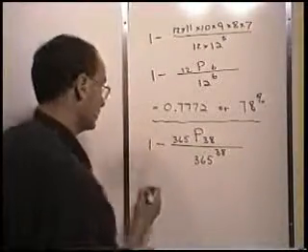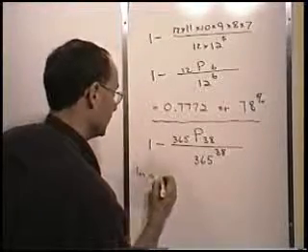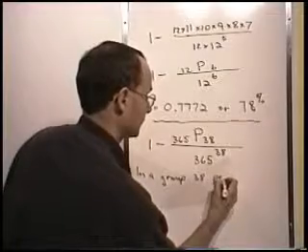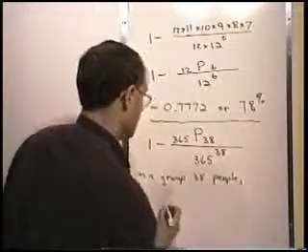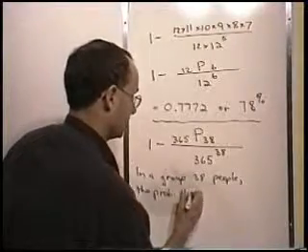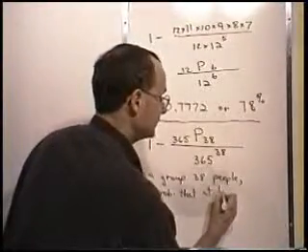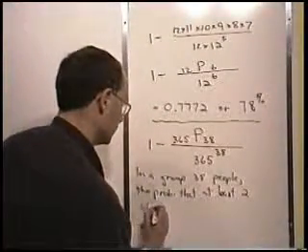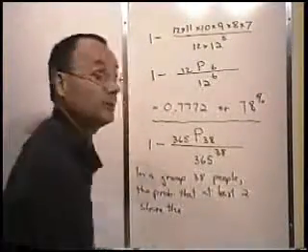And what we have here is, in a group of 38 people, the probability that at least 2 people share the same birthday.